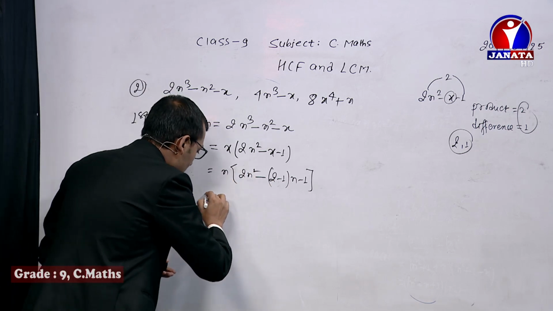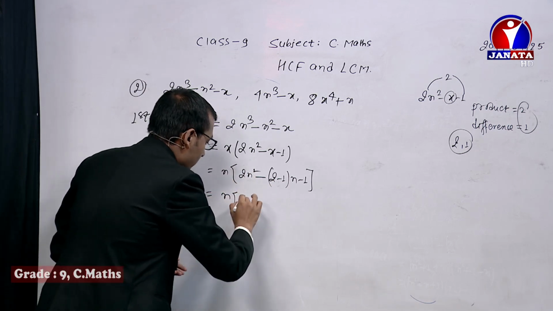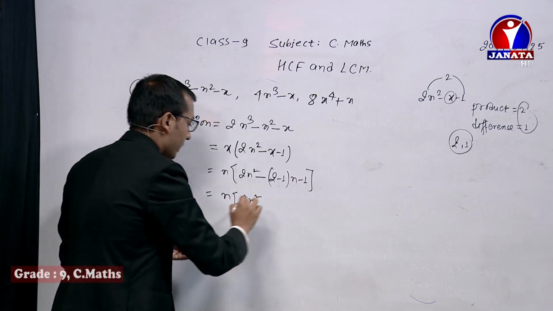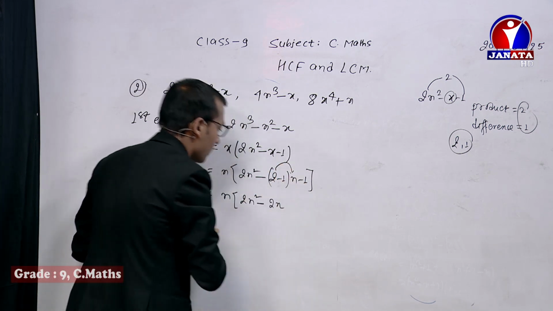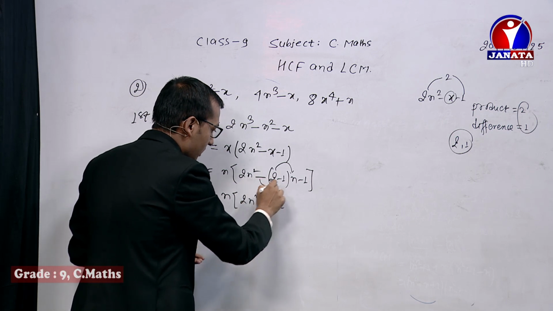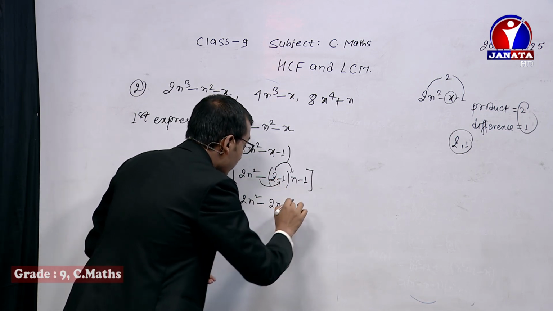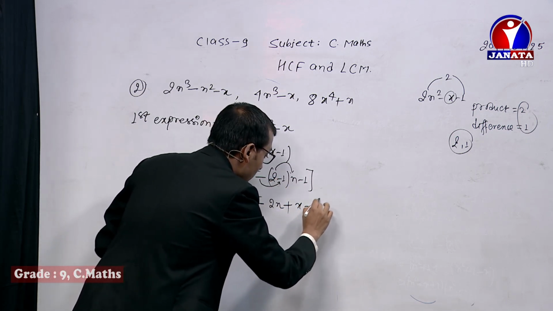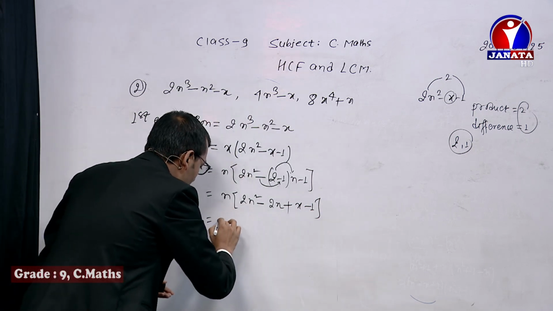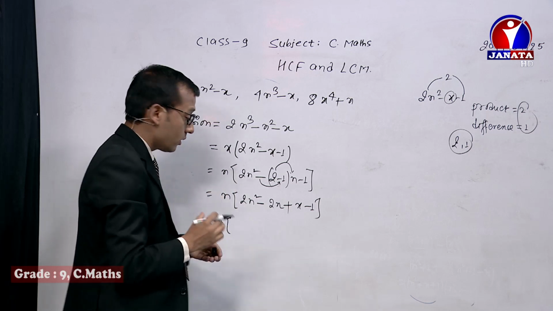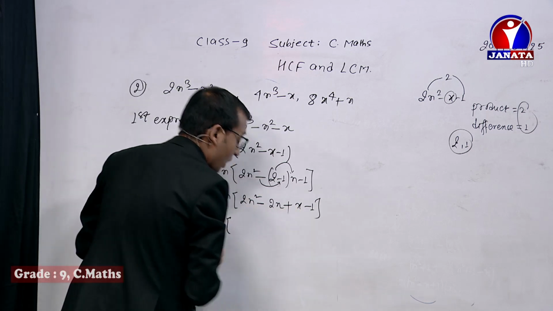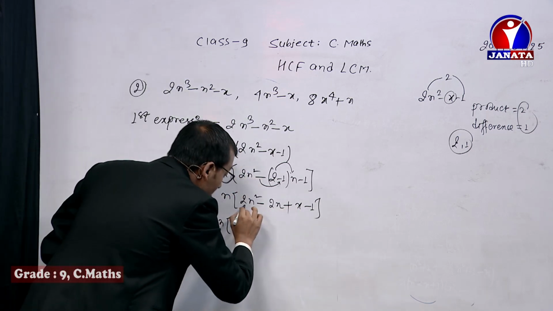Let's open the bracket. 2x square minus 2 multiplied by x is 2x, minus, it becomes plus x minus 1.